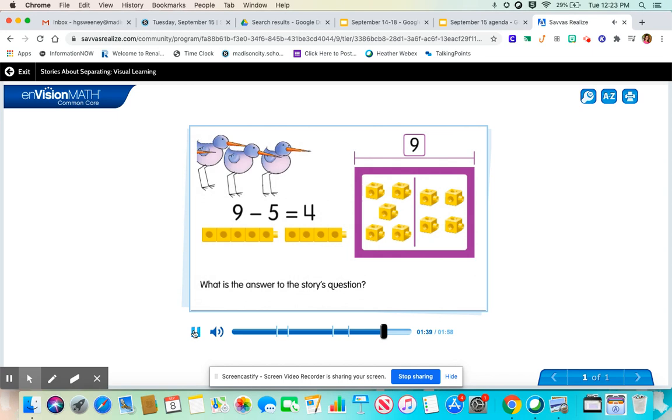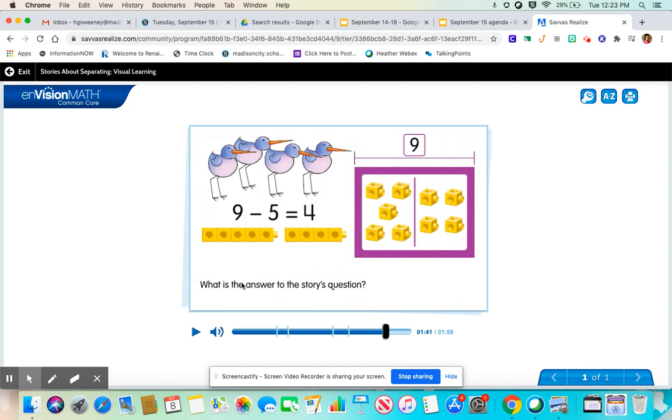What is the answer to the story's question? Okay, so in your math notebook where you wrote 9, and then you wrote the number 5 that swam away, I want you to finish writing that subtraction sentence with the subtraction sign between the 9 and the 5. And then I want you to write equals 4.